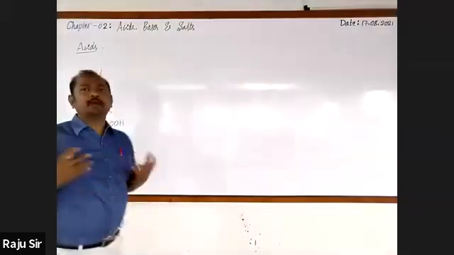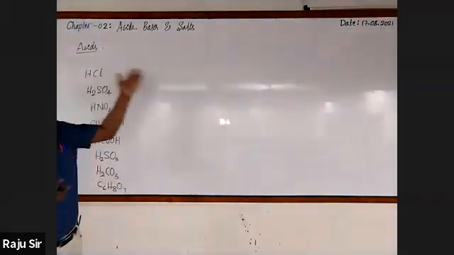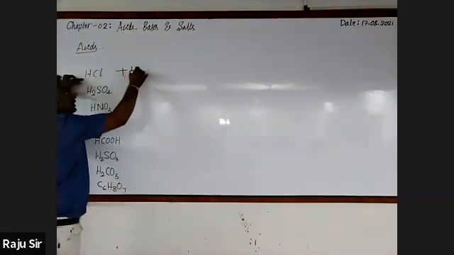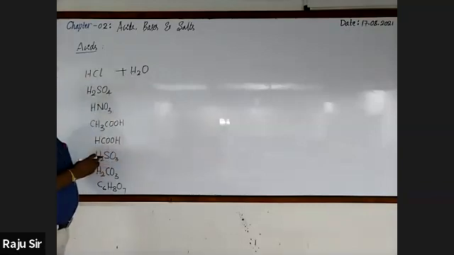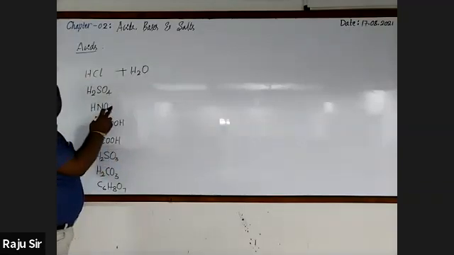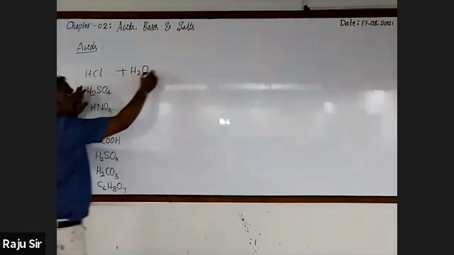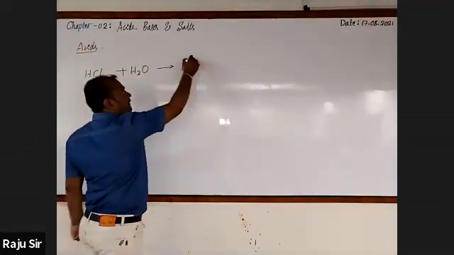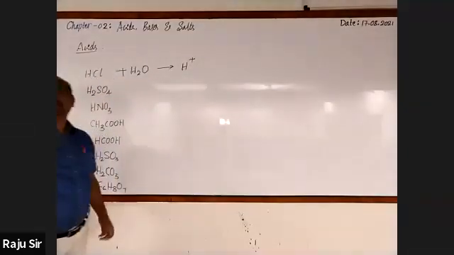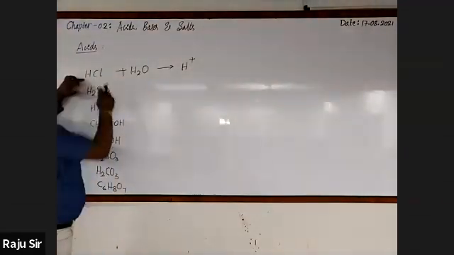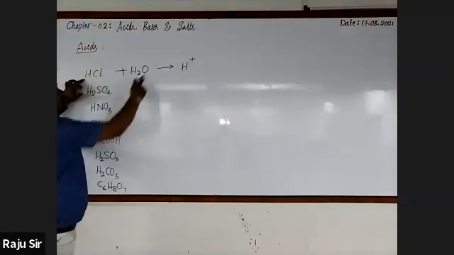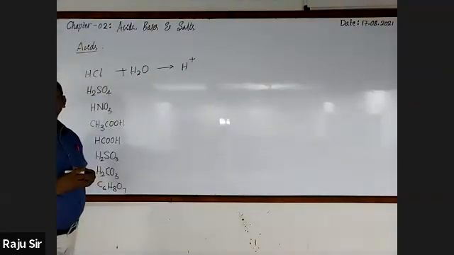And one of the important properties that we can see in all the acids is if these acids are dissolved in water, I'm not telling that reaction, they produce hydrogen ion. You take some amount of HCl and add it to the water and it will produce hydrogen ion.